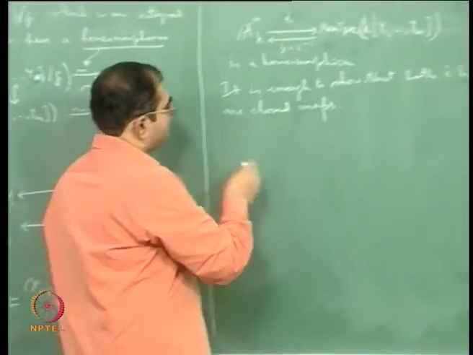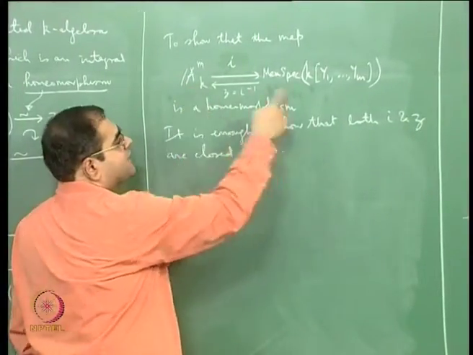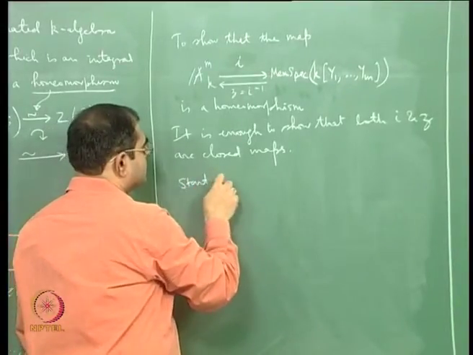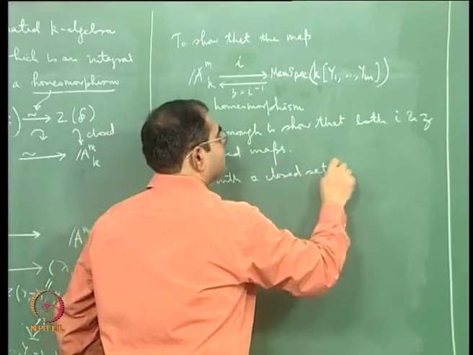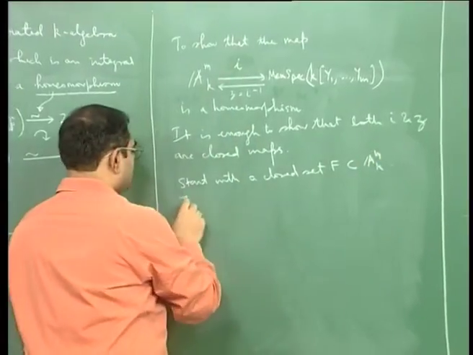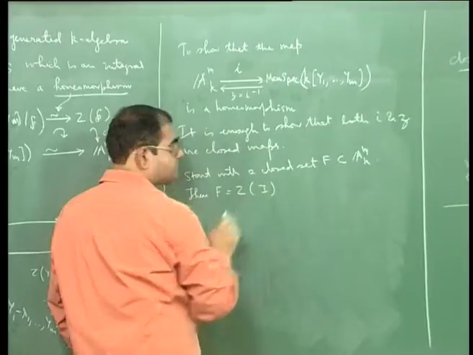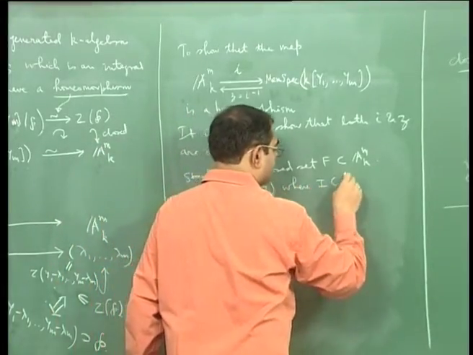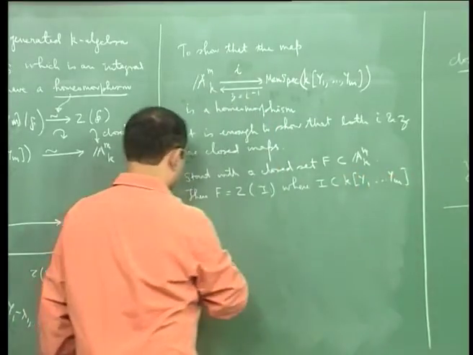So let's start with a closed set here, and let's see what its image there is. So start with a closed set F inside A^m. Then what is F? F is Z of some ideal I, where I is an ideal in k[y1, ..., ym].